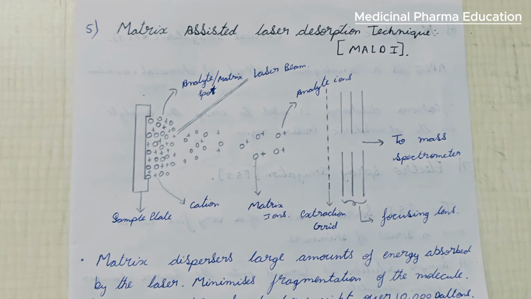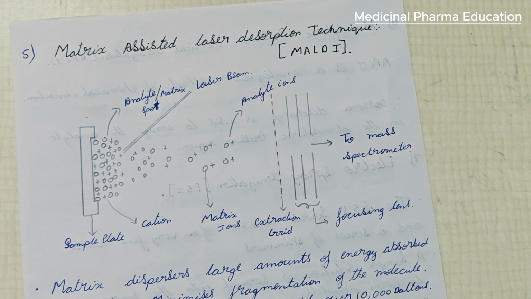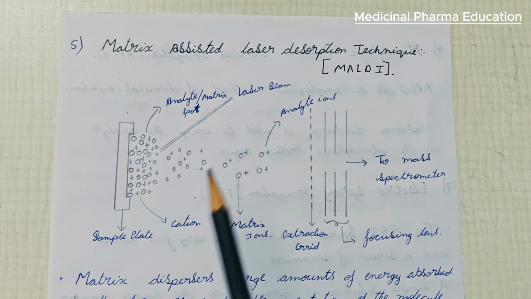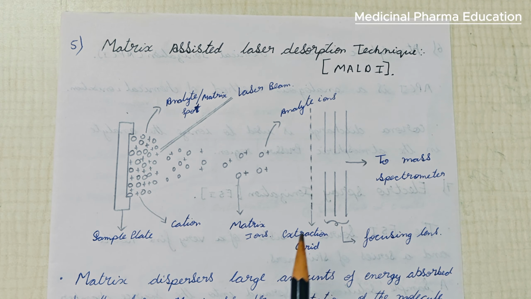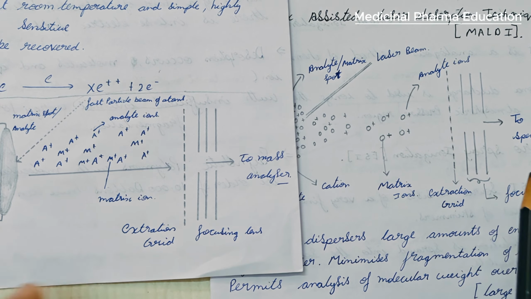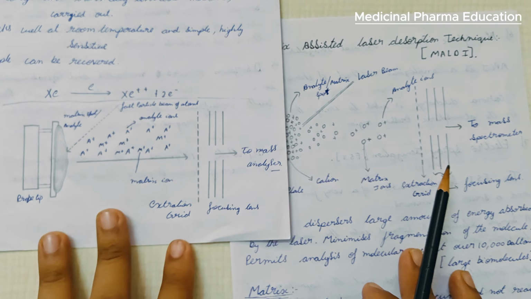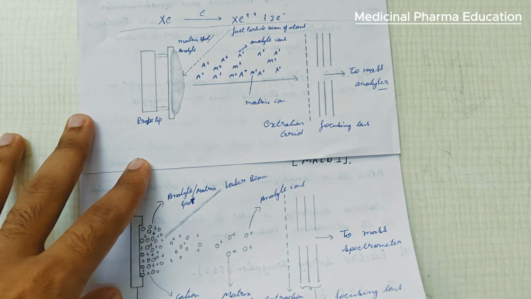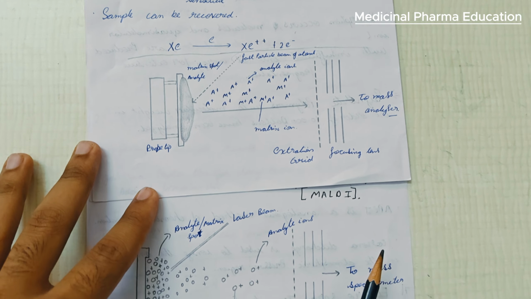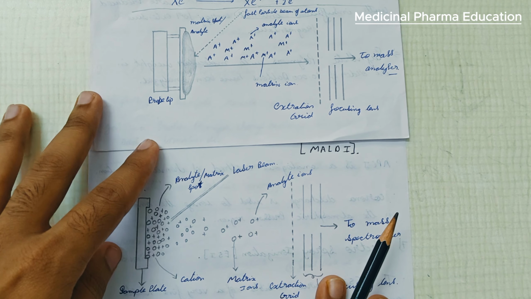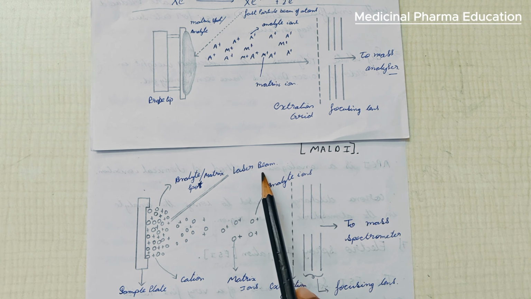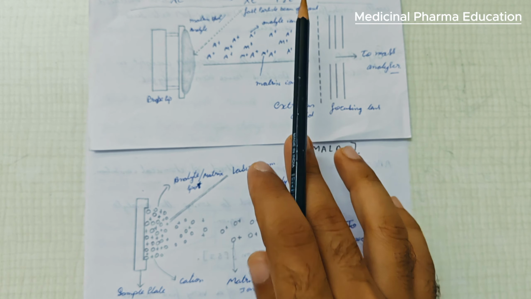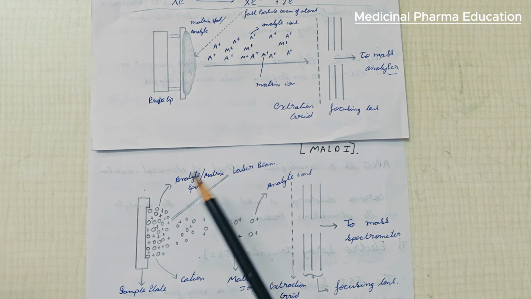Next, the fifth one, matrix assisted laser desorption technique. Both diagrams are quite similar, but here we are replacing the beam. In FAB this is a fast particle beam of atoms; here we are using a laser beam.